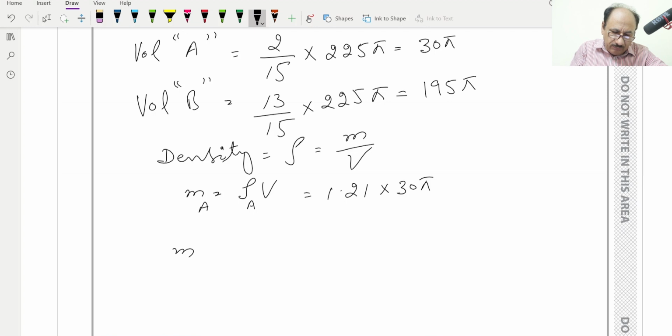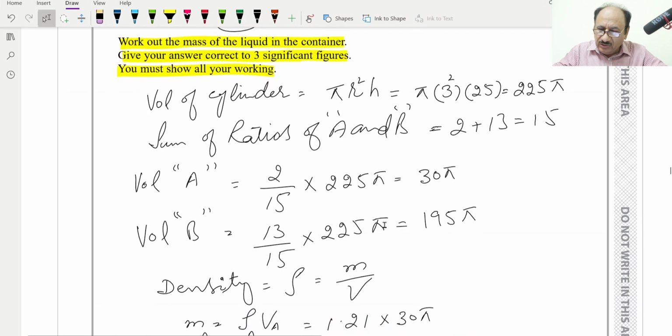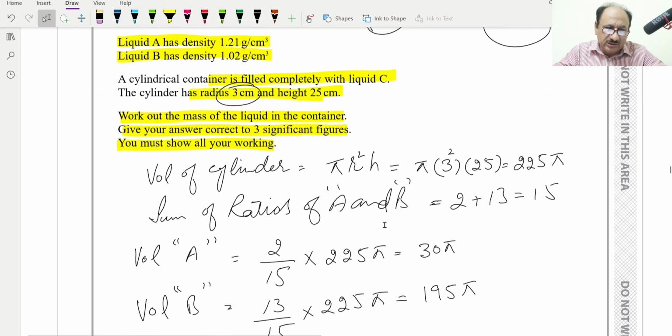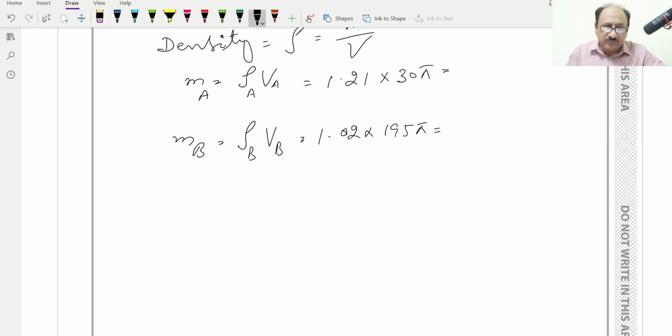Similarly, we can calculate mass for B, which is equal to density of B into volume of B. Volume of B we calculated 195 pi, and density is given. Density is 1.02. So 1.02 will be multiplied by 195 pi, and these answers we can calculate.